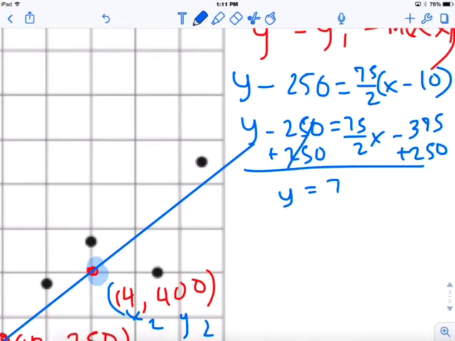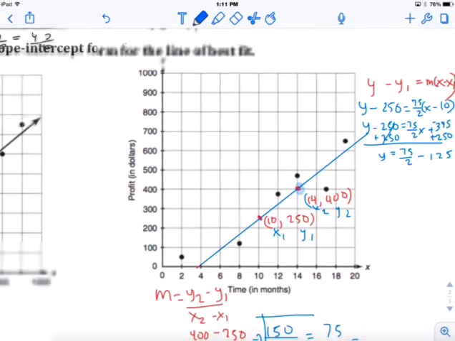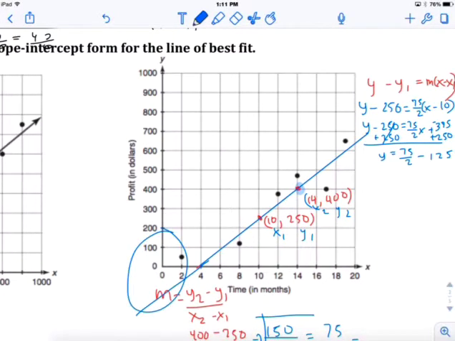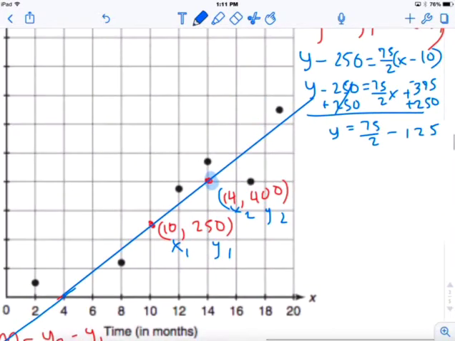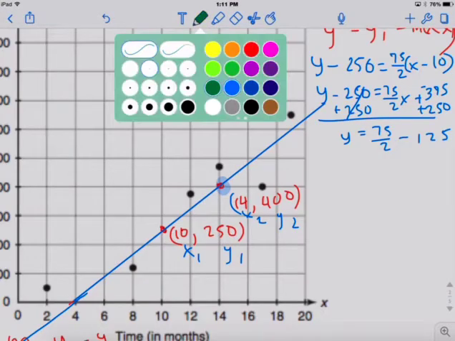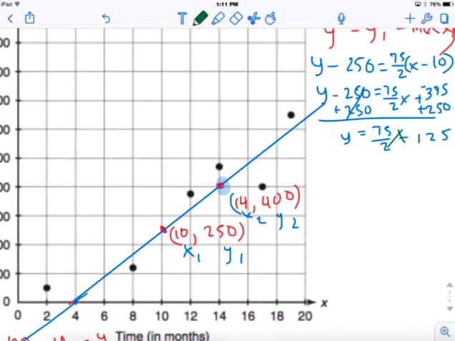Y equals 75 over 2 x minus, additive inverse, you subtract, negative 125. That's true. If this goes on, it's going to be a negative. That's correct. So we are good. What's wrong with this, you guys? Some of you do this. You forget to write that x there. Don't forget.